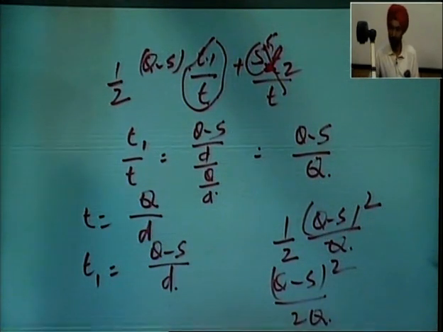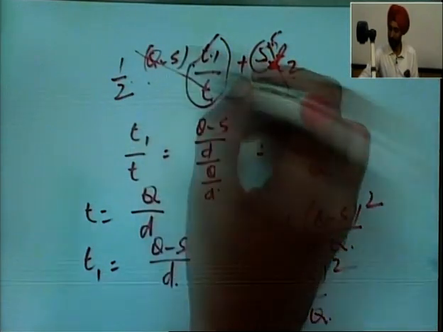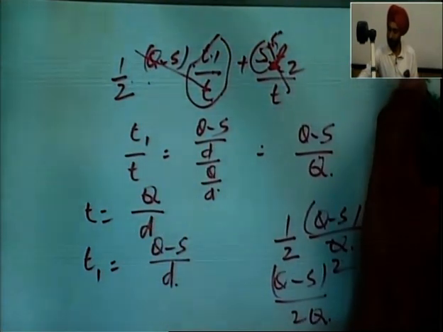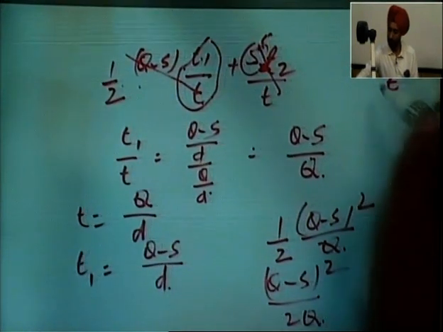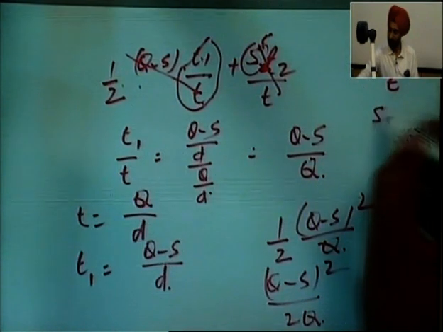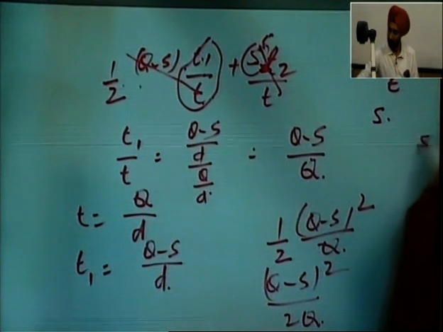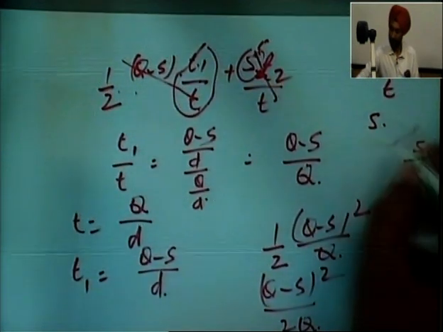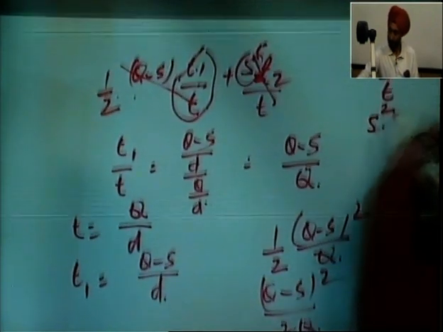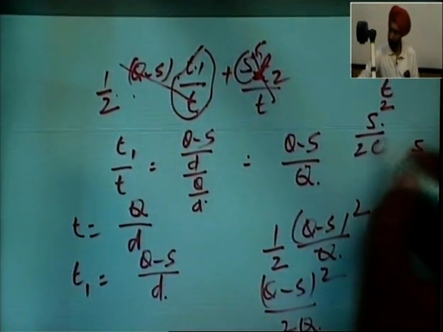Similarly, we can have average shortages. So, in this period there is no shortage, so this component becomes 0, and in this period it is S into T2 divided by T. Same case here, in case of S, the shortage is S. So, same way, S by D divided by Q by D. So, putting the same thing here, just like it has become Q minus S square, it will become S square divided by 2Q.